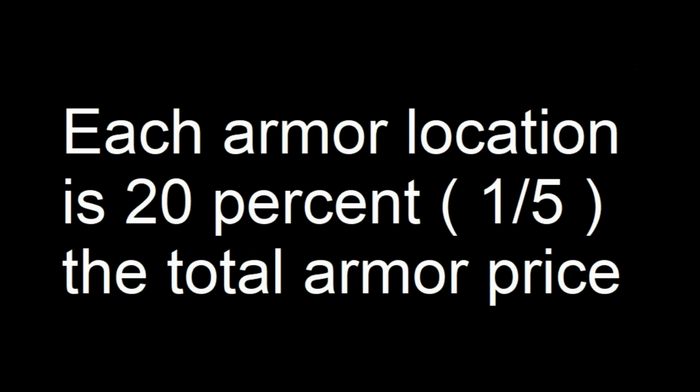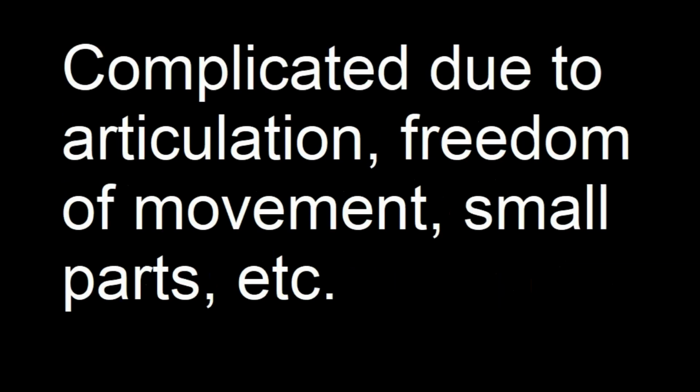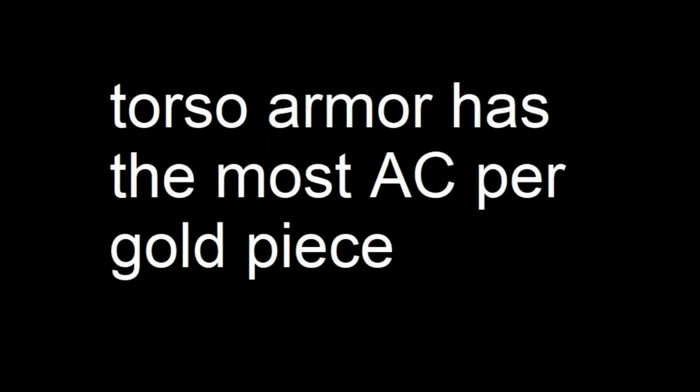Or you could also just go the route that each piece is 20% of the cost, with the reasoning that arms and legs are more complicated to make than torso armor. This makes the math easier and gives an in-world incentive for why so many types of armor prioritize the torso, with half the AC for only 20% of the cost.